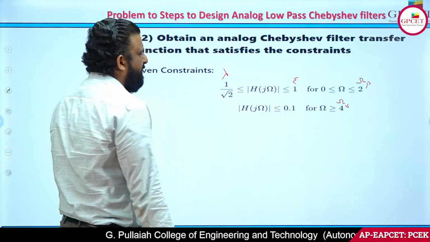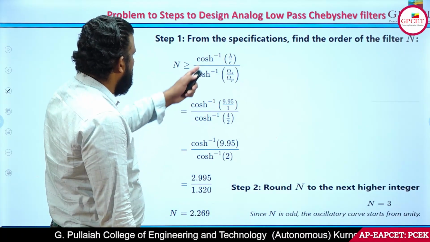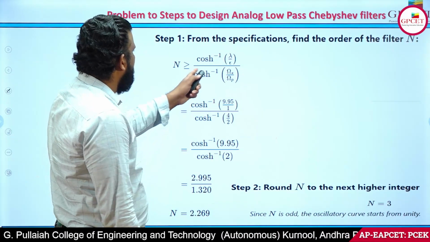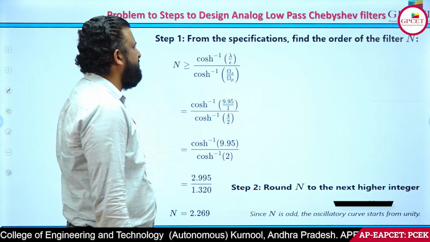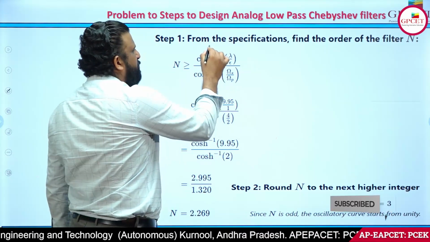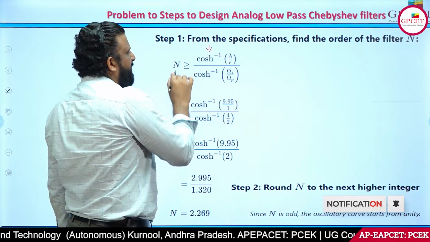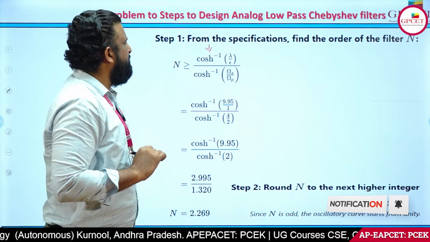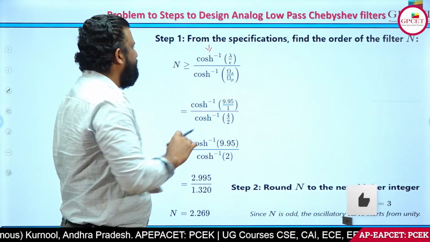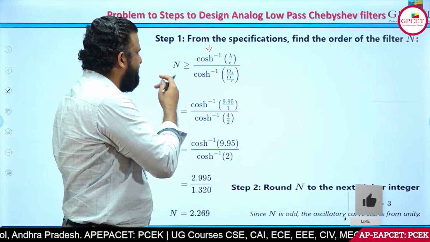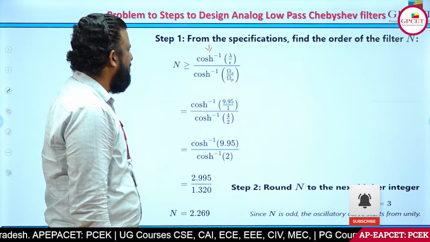Like this we got the specifications. Depending upon the specifications given, I have chosen the second formula, that is N greater than or equal to cosh inverse (lambda by epsilon) divided by cosh inverse (omega s by omega p).